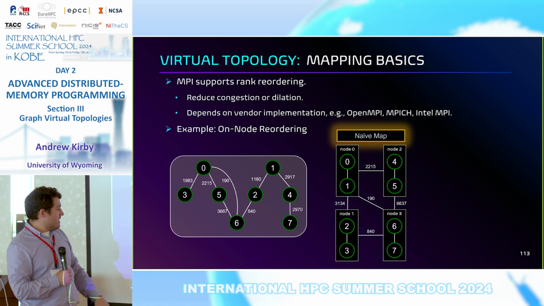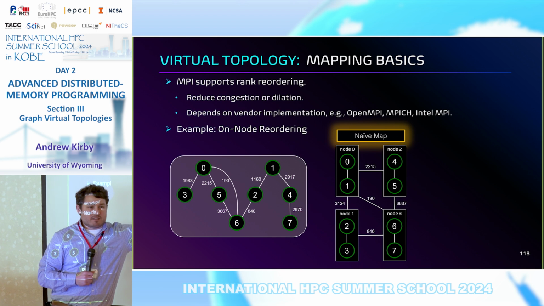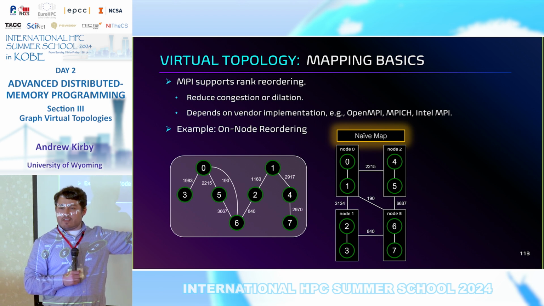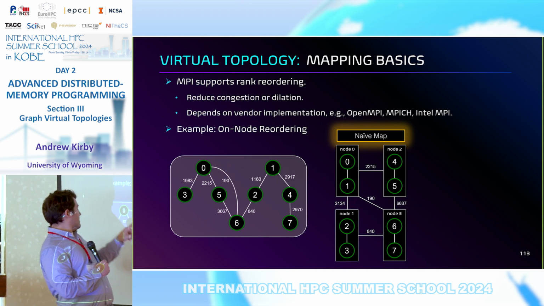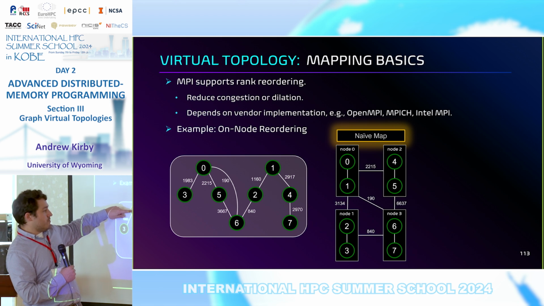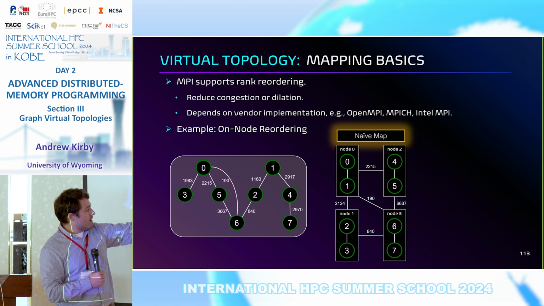Because these are node mappings, we look at the actual accumulated communication path. So if I want to talk from, let's do 1 to 4.